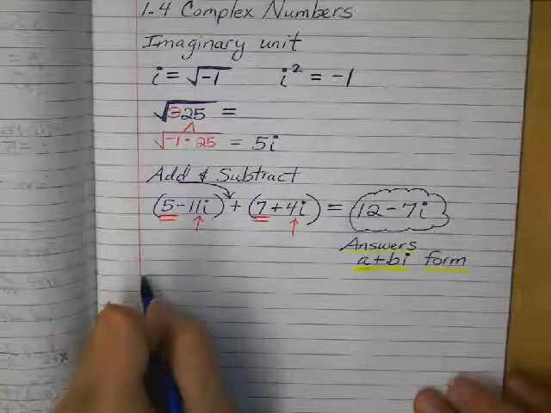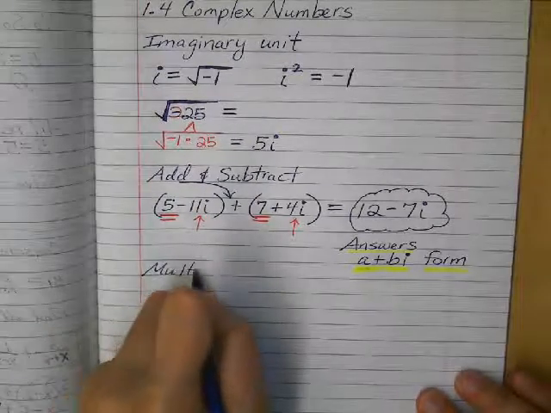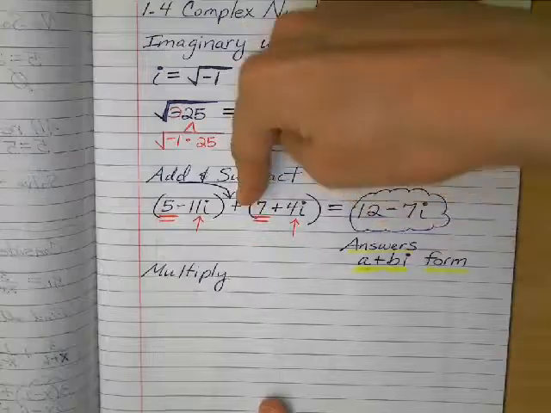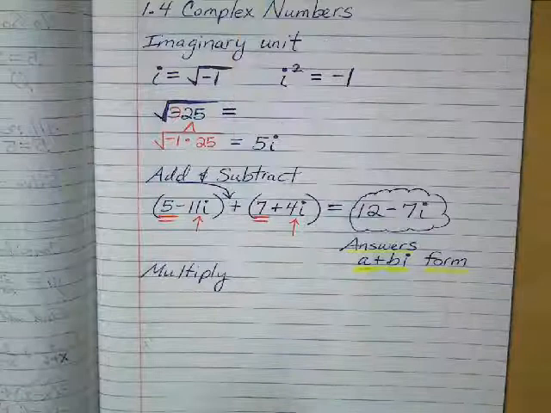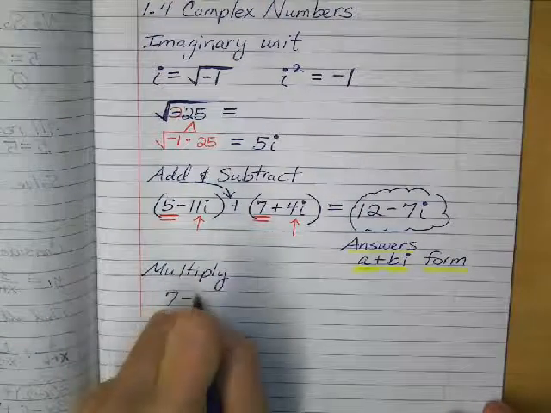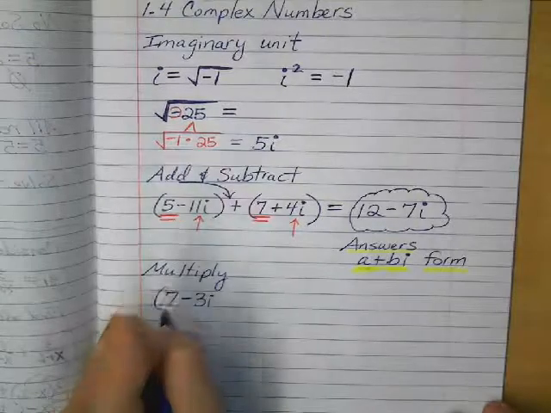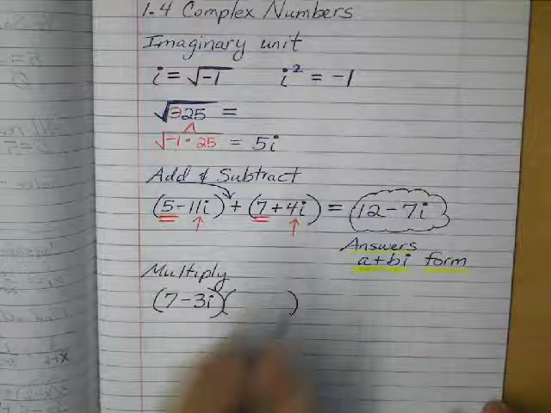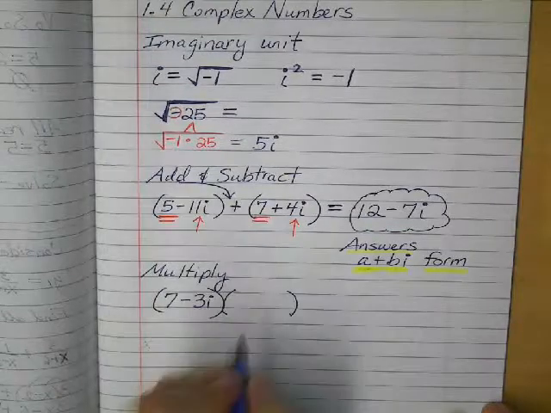Okay, then they'll get into multiplying them. But see, the one we just did had a plus sign in the middle. That was just add. So how do you know it's going to be a multiply problem? Well, it could still have the parentheses, but it won't have anything between the parentheses.